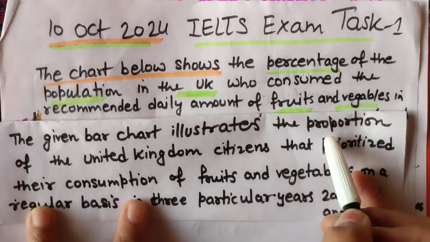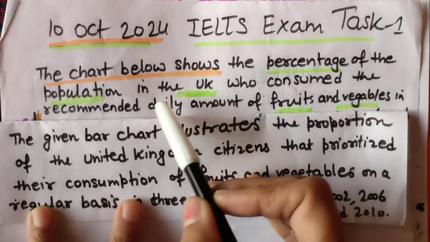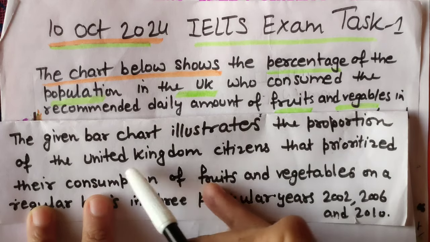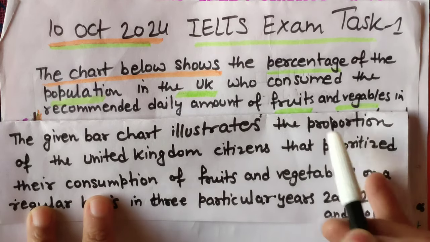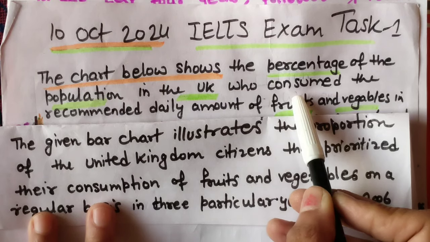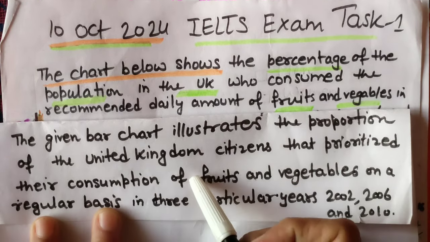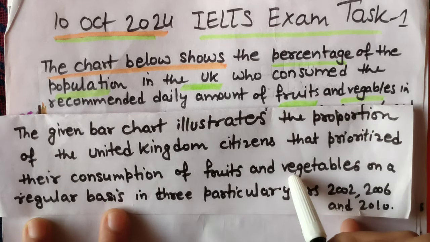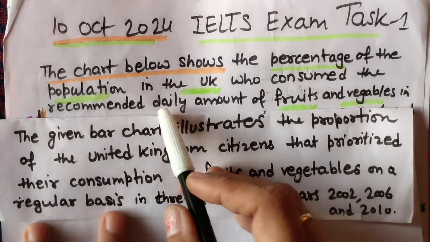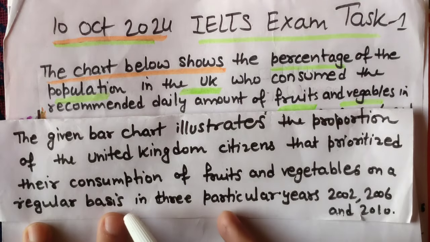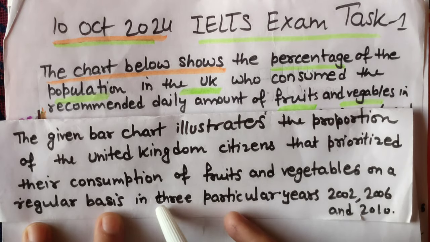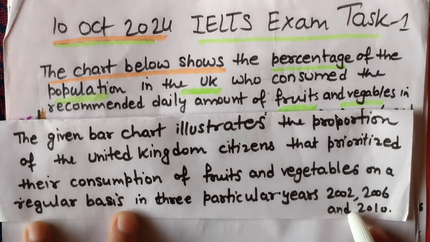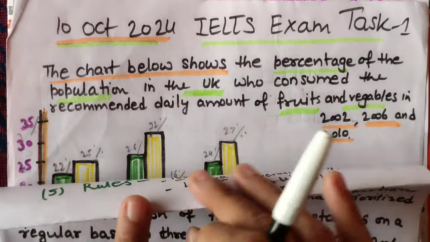For the percentage, I have written the proportion of United Kingdom citizens that prioritized their consumption of fruits and vegetables on a regular basis, instead of consumed daily. So I have written on a daily basis, regular basis, in three particular years, 2002, 2006 and 2010. See, these 3 years also they have written.